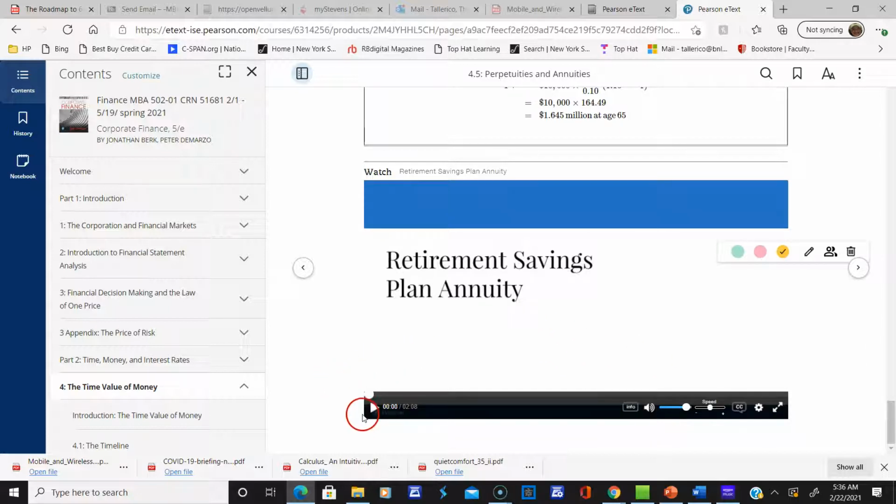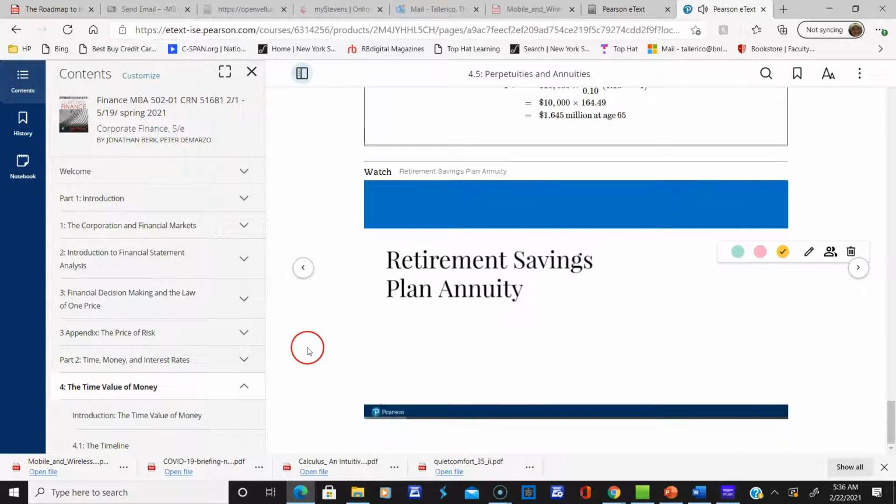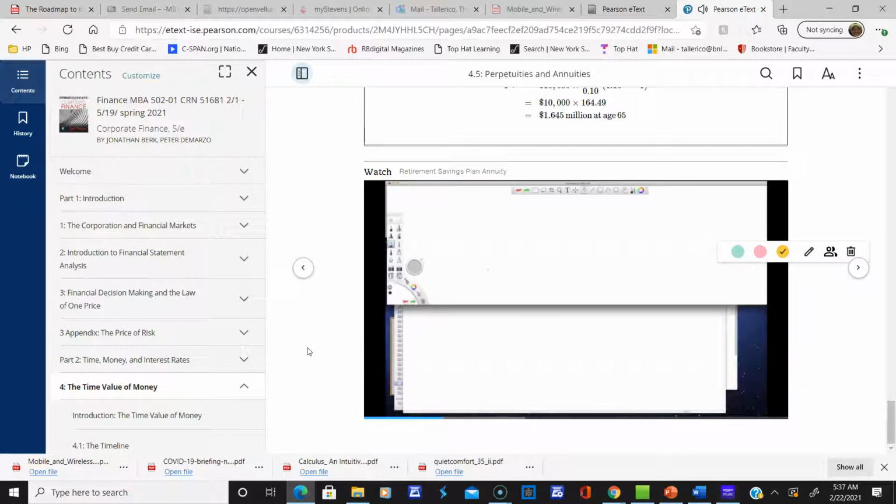All right, so let's go through this example. This is actually quite an important problem. Start saving $10,000 a year at age 35. How much money will you have at age 65? To answer the question, what we need to do is calculate the future value of the stream of payments. And to do that, we start by first drawing the timeline.